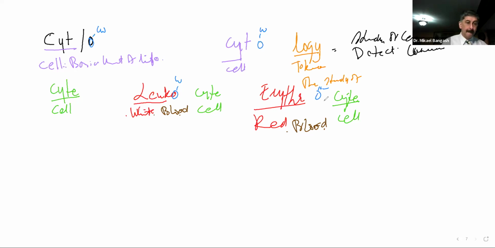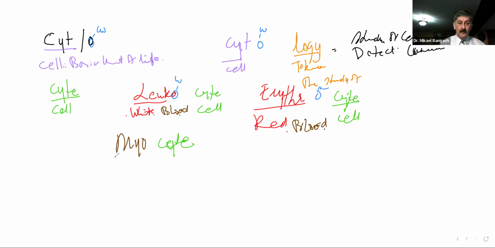We can take another one, myocyte. Now here, the O is not a combining vowel.